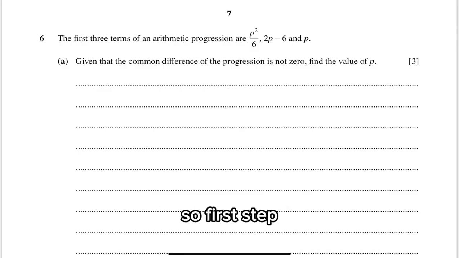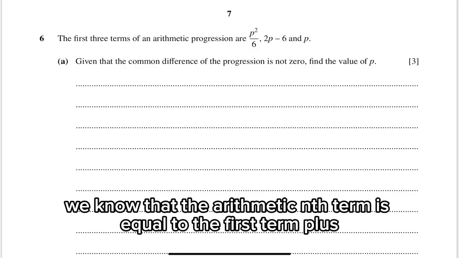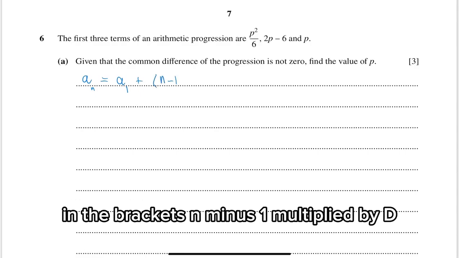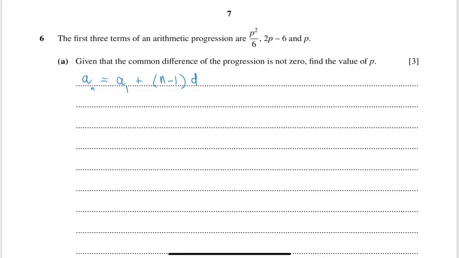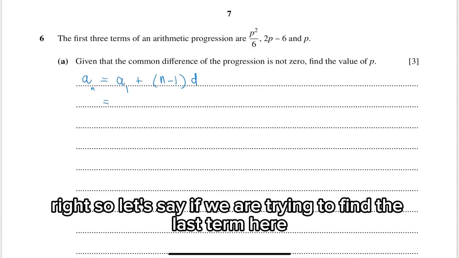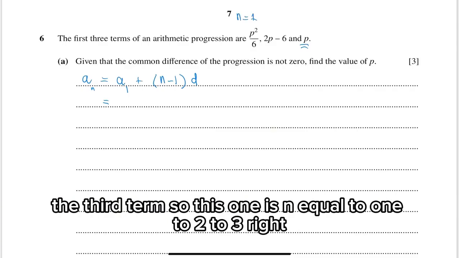So first step, we know that the arithmetic nth term is equal to the first term plus, in the brackets, n minus 1 multiplied by d, right? So let's say if we are trying to find the last term here, the third term, this one is n equal to 1, 2, 3, right?